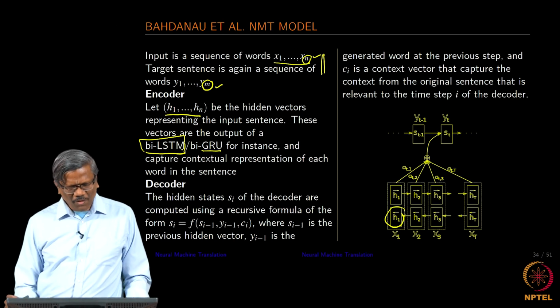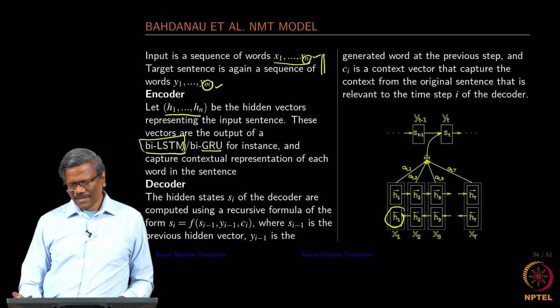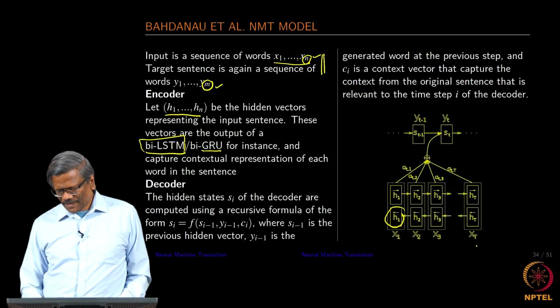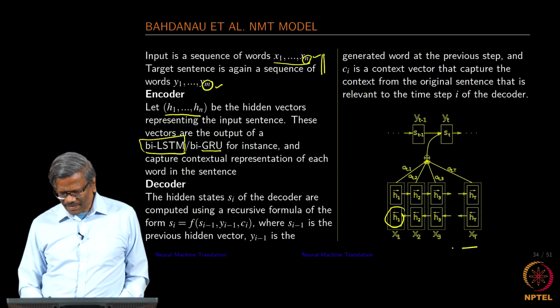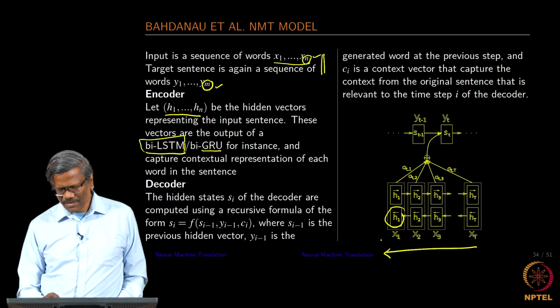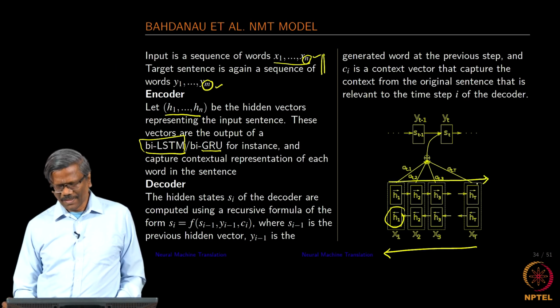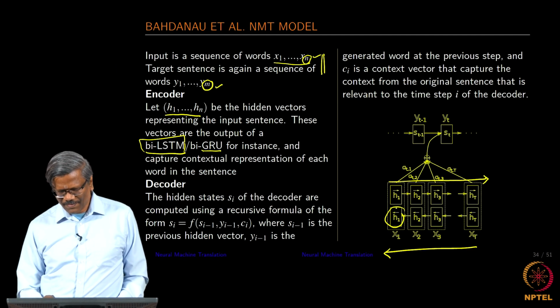In the bidirectional model, there are layers of hidden units, and one set of hidden units will learn from the last word to the first word, the other one will learn from the first word to the last word, right, and each one of them is connected this way too.